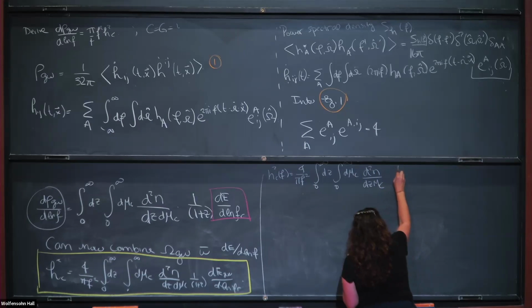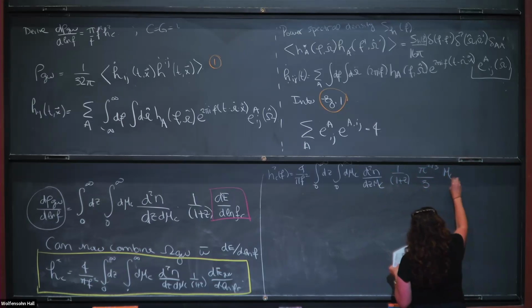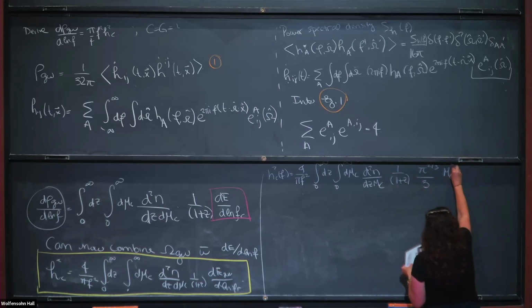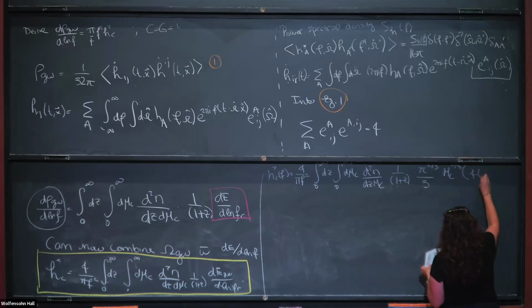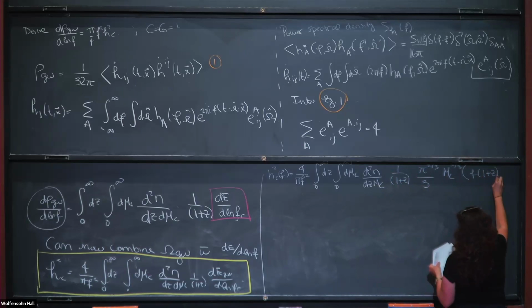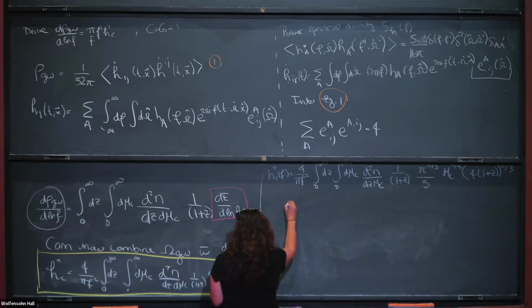And our cosmology here. And now we have pi to the 2/3 over 3 with our chirp mass to the 5/3. And then our frequency times 1 plus z, all to the power of 2/3. Okay, so we're almost there.